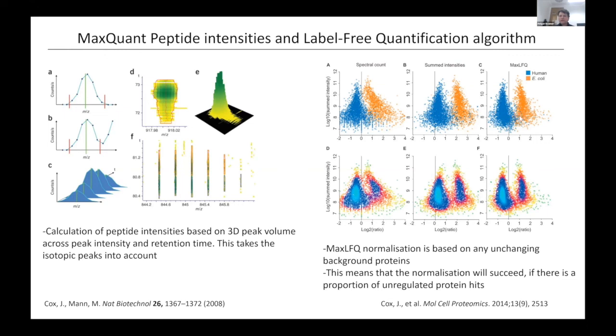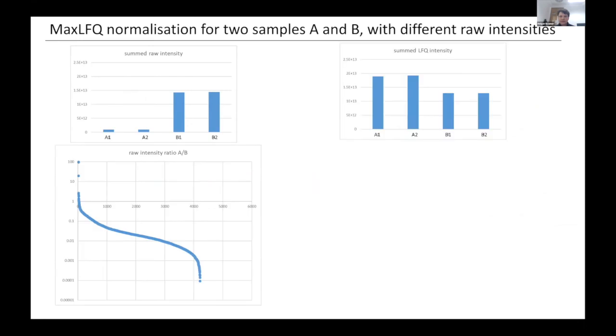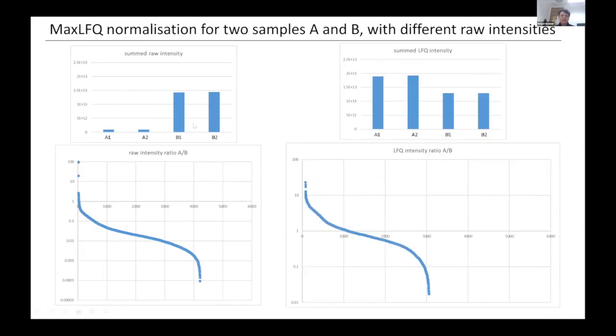So the normalization has the purpose of normalizing any technical differences in the mass spectrometer or differences in loading across different samples. That is shown here as an example. So this is from a real data set where we've got samples A and B that were analyzed in technical duplicate.